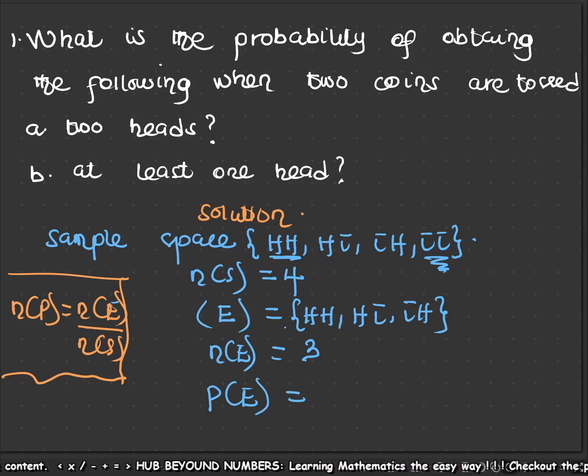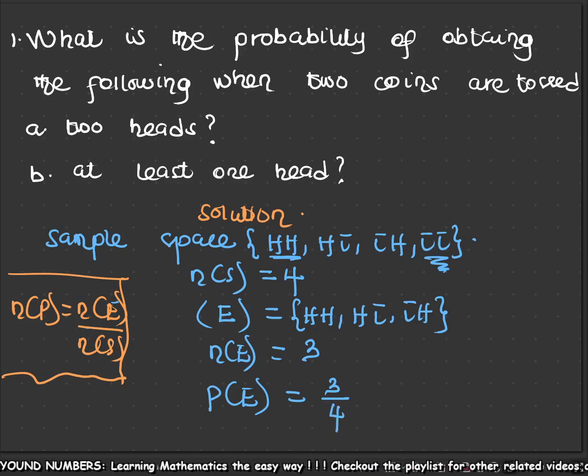The number of events here is 3. So 3 all over the cardinality of the sample space. That is 4. If there is a way to simplify, simplify. If not, then it is 3 over 4, which can also be expressed as a percentage, right? So basically, this is how we can apply what we have learned, the sample space of these kinds of events.